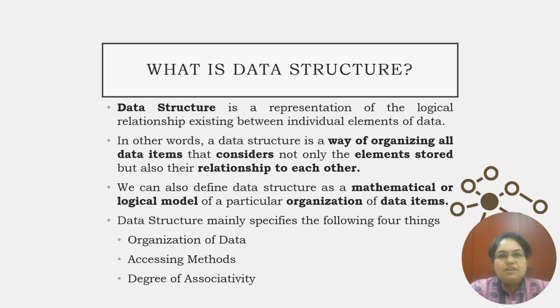We can also define data structure as a mathematical or logical model of a particular organization of data items. Data structure mainly specifies four things: organization of data, accessing methods, degree of associativity, and processing alternatives for information.